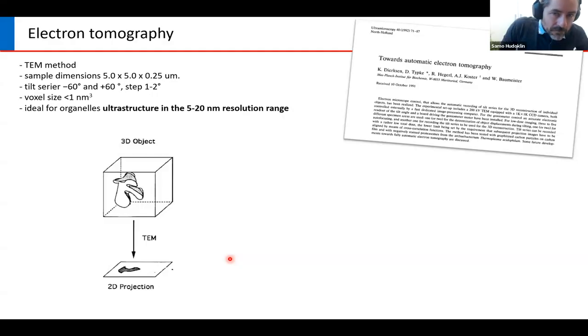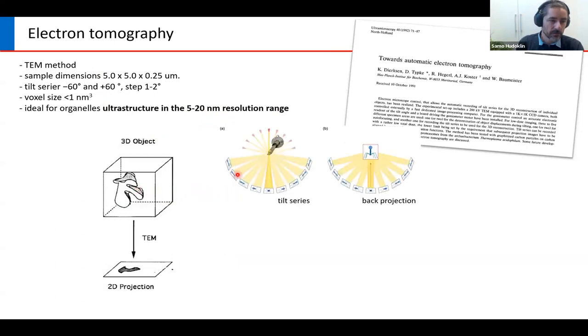But electron tomography is already much better. It's also a method based on TEM. It's very nice for getting high resolution, but with smaller volumes. The principle of electron tomography is that you have a semi-thick section, and then you tilt this section under the electron beam.